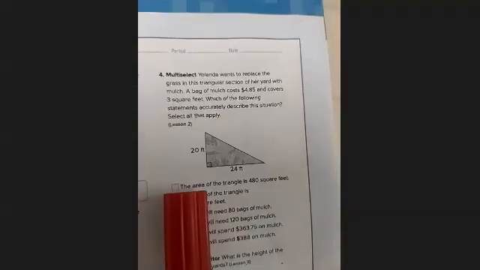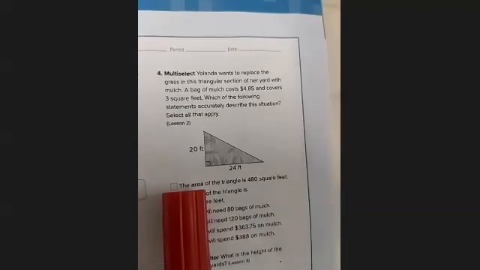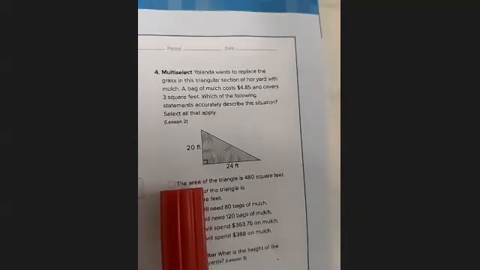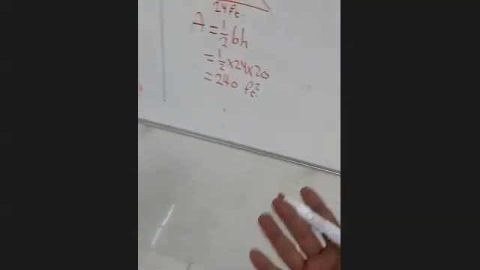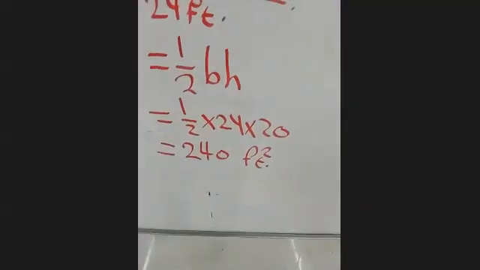The area is 240, so 240 divided by 3 equals 80 bags. Excellent. Because each bag covers 3 square feet, we need to know how many 3 square feet are inside this 240.